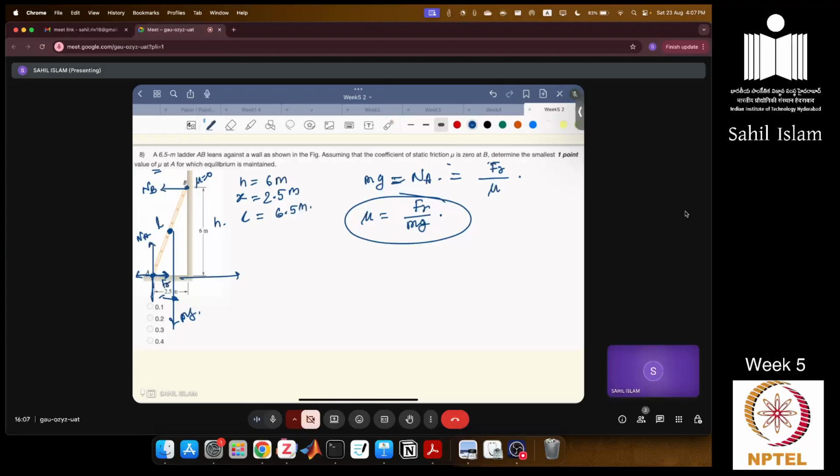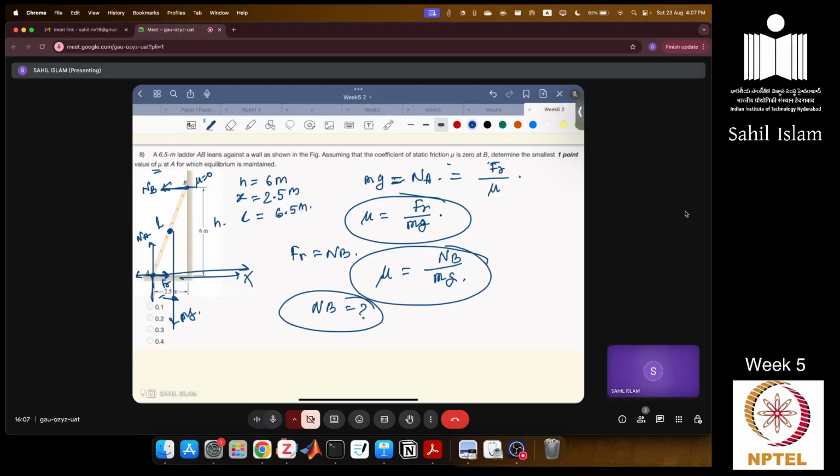Also along the x direction, this frictional force F and this Nb should balance. So mu equals Nb by mg. So we have to find out what is Nb. That is the question. Mg we know. Now our job is to find out what is Nb, the normal reaction at this point B.